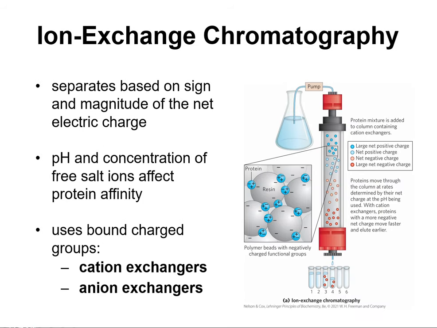So, different types of chromatography. Ion exchange, very popular. It separates based on the sign and magnitude of the net electric charge of your protein. Remember, proteins are made of amino acids, and those amino acids all have ionizable components.